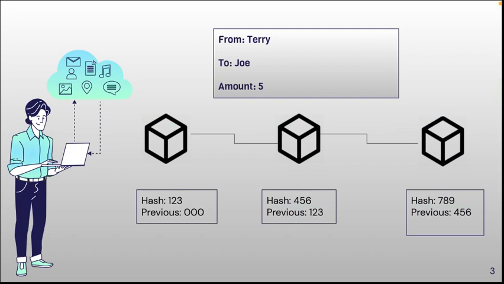This fragment of all the information in this transaction block, this hash, will be inserted in the next block of information. This means that the next block will have a fragment that summarizes everything that was in the previous block.